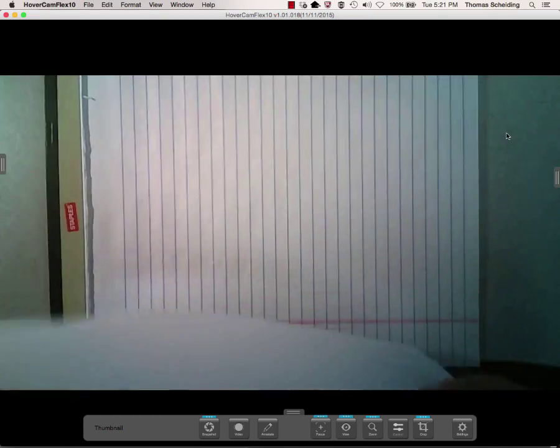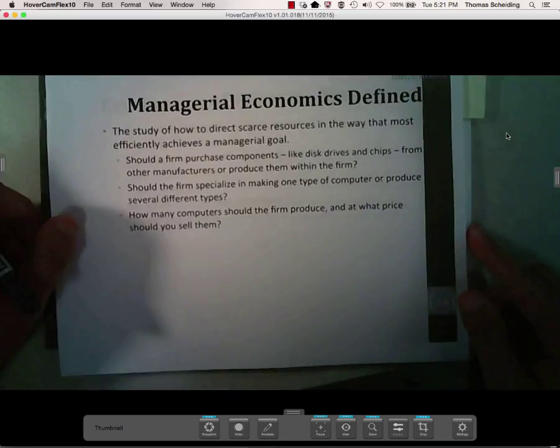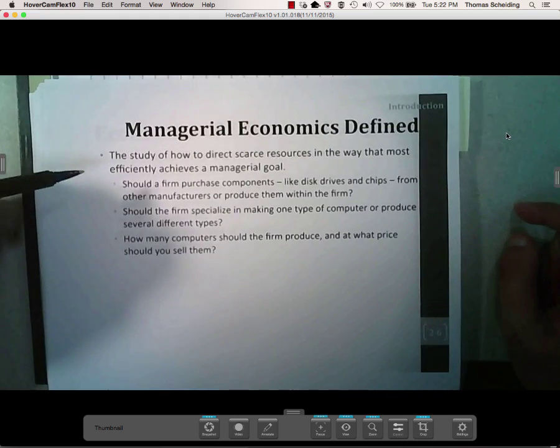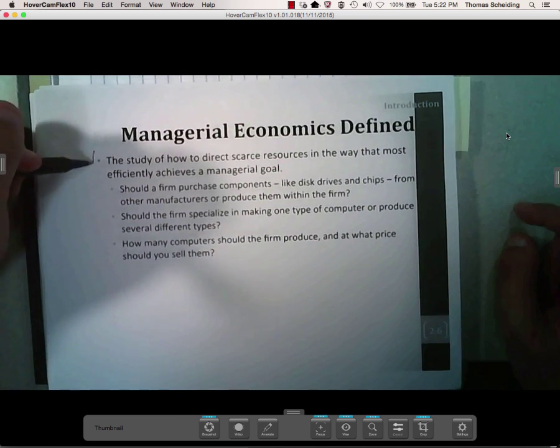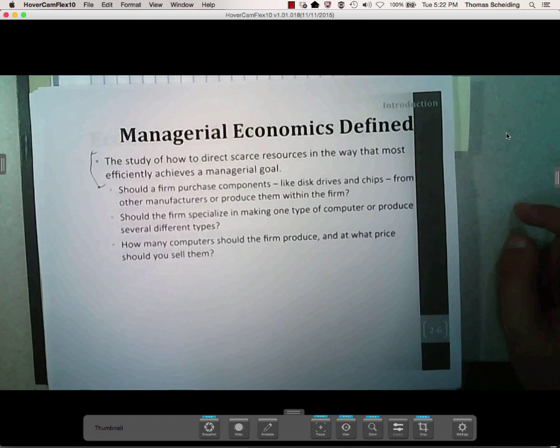And so that leads us to our formal definition. Managerial economics can be formally defined, and I think this is a pretty succinct definition: how do I direct scarce resources to help the manager efficiently achieve their goal?